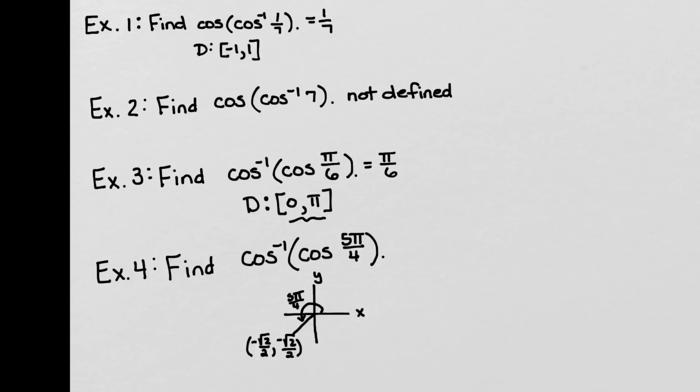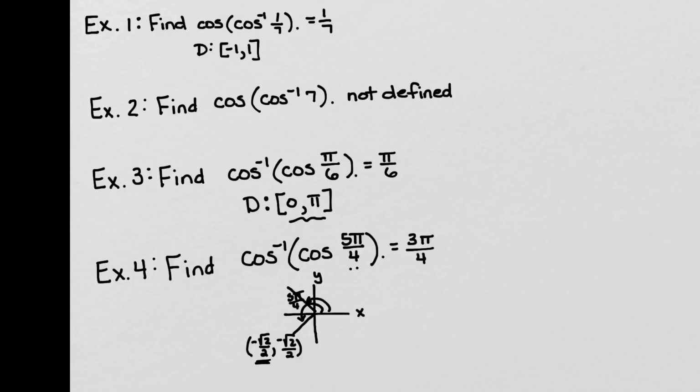So I'm going to switch to the second quadrant, but the same type of angle. So it's a 45-degree angle, or a pi over 4 angle. So this would be 3 pi over 4. And there's my answer. I just find the corresponding angle that gives me either a negative or a positive, depending on what this one was doing. This one was giving me a negative, so we got 3 pi over 4.